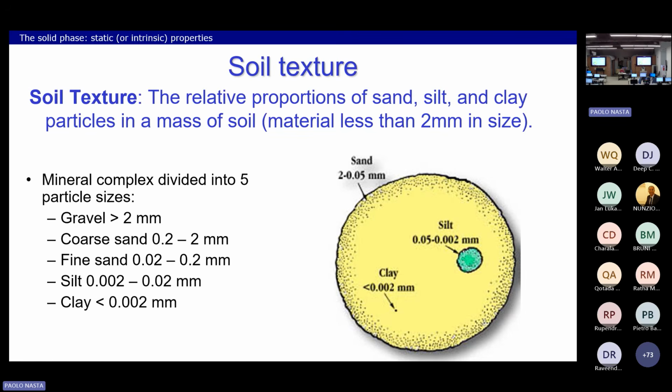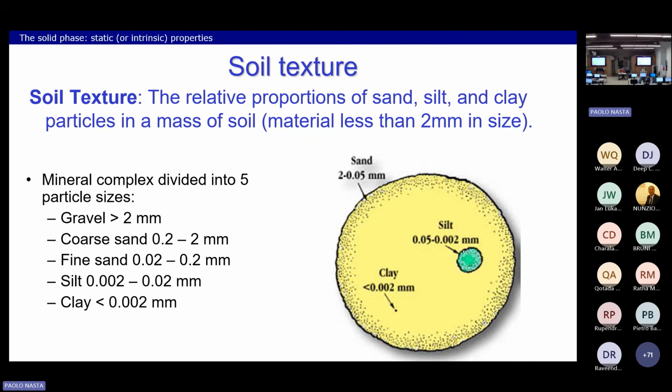These properties are said to be static or intrinsic, because they don't change over time and do not depend on other external factors, but are intrinsic to the soil and characterize the soil. So one of these is the soil texture, and the second one is the soil structure.